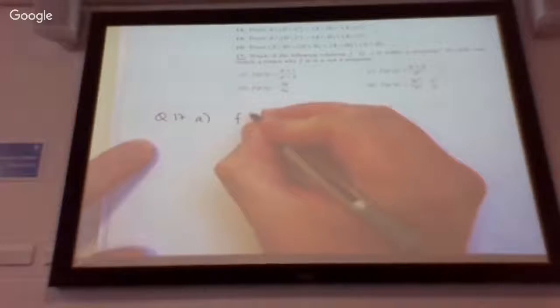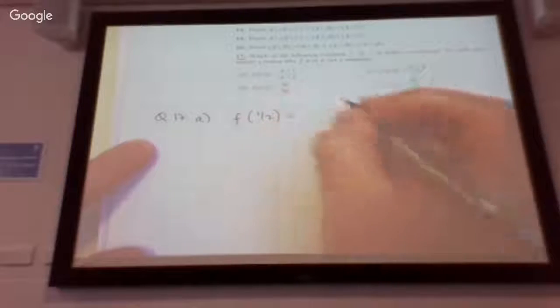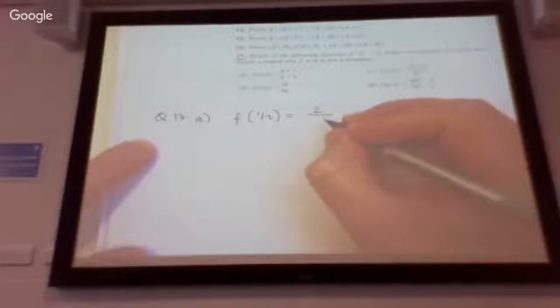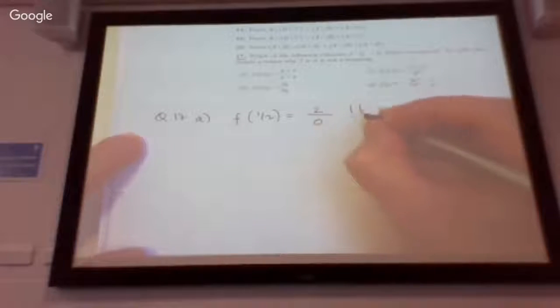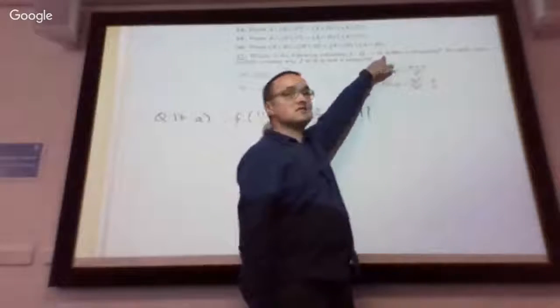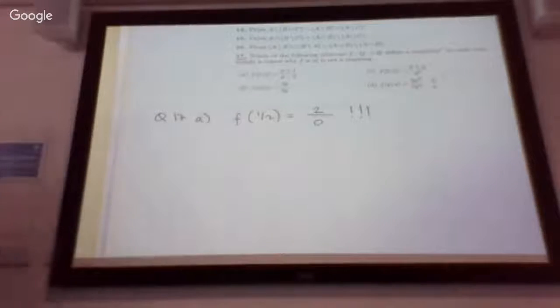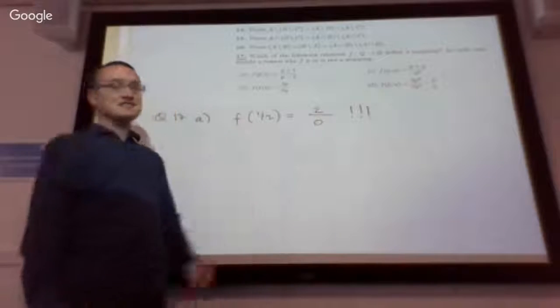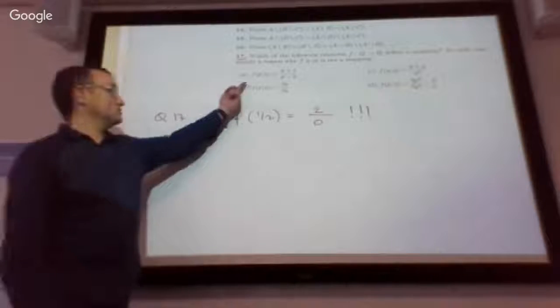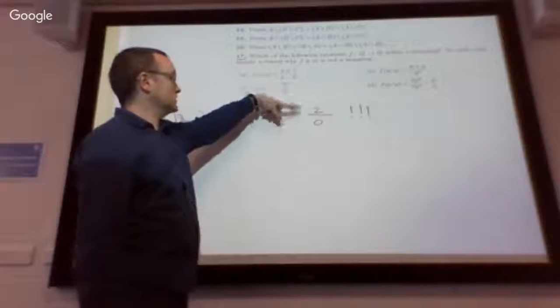So f of a half by this rule would be 2 over, well, straight away we've got a problem. 2 over 0. Is 2 over 0 a rational number? No, it doesn't even qualify. So it's not even a matter of being not well defined. It isn't even defined at all on all of the possible things you can put into it. So that falls down straight away. But as well, if you tried to put in f of 2 over 4, you wouldn't get 2 over 0.